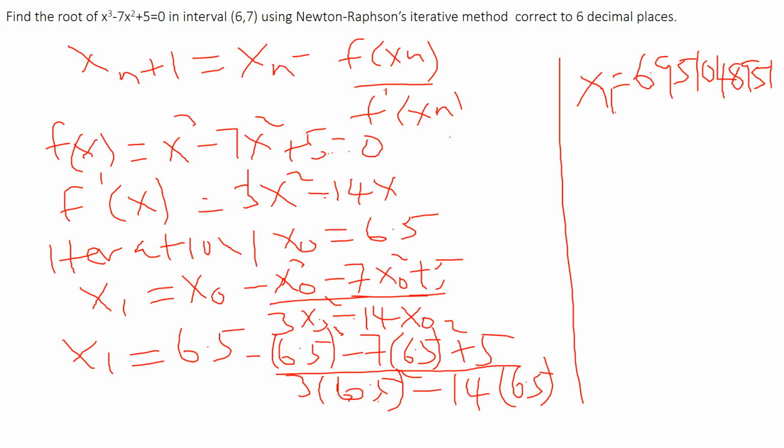The next thing, we can get the second approximation, and for the second iteration we are going to use our value of x1.